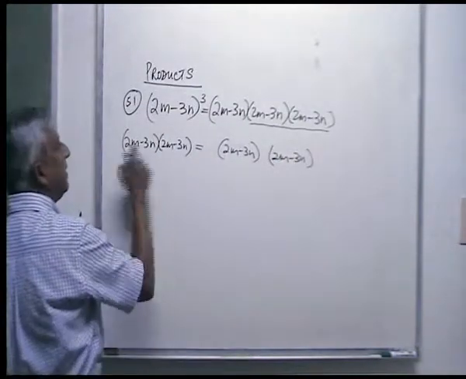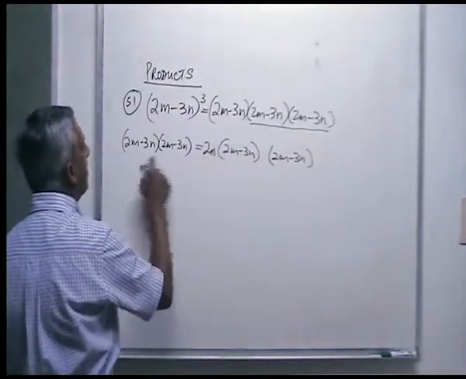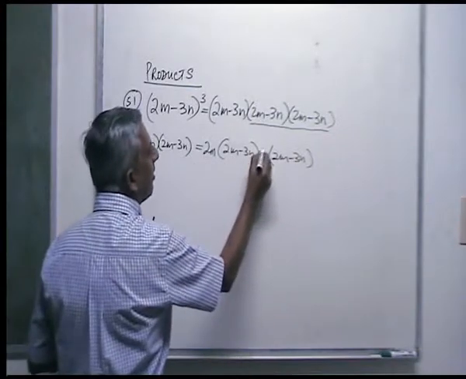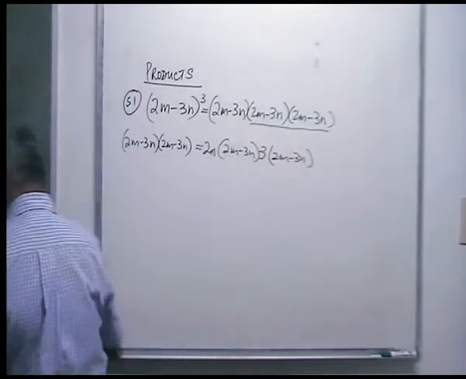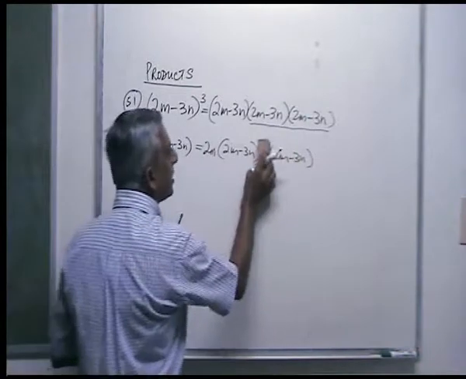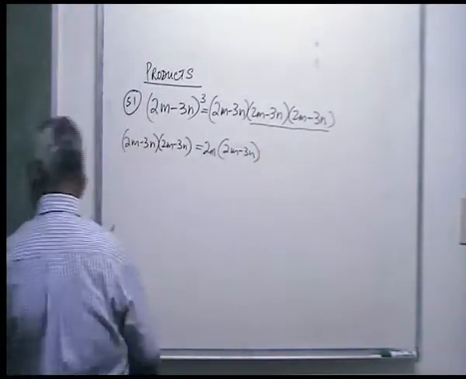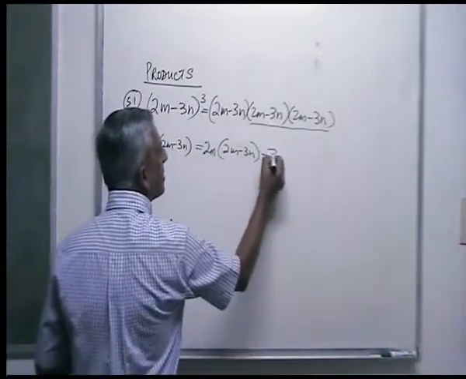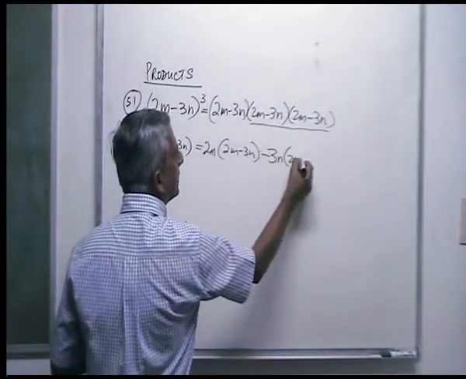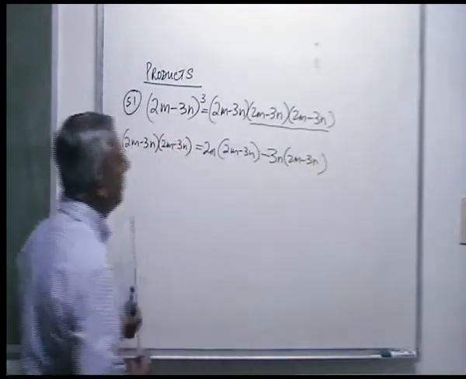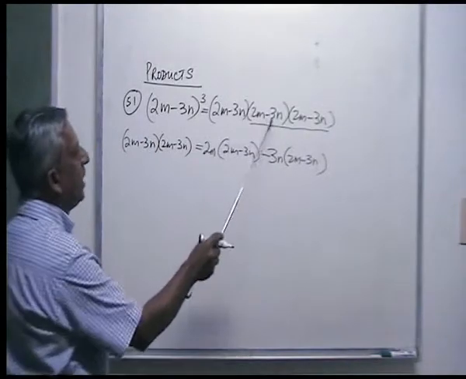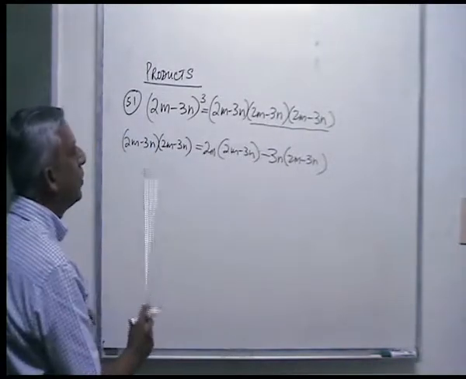And what's in the front here? 2m. And what's in the back there? Minus 3n. Let's write it properly: 2m minus 3n into 2m minus 3n. See what I'm doing? I'm just doing that part on its own.